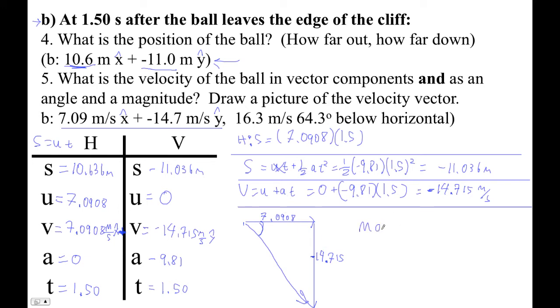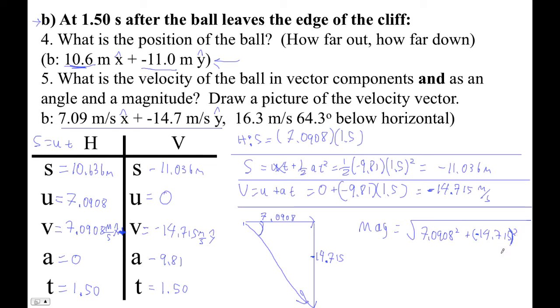Our magnitude is the square root of 7.0908 squared plus 14.715 squared. Again, don't put your minus sign in there. If you have a TI calculator, you must use these parentheses because, in my opinion, it incorrectly says the square of negative 2 is negative 4. It interprets that as the opposite of that squared, which is weird.